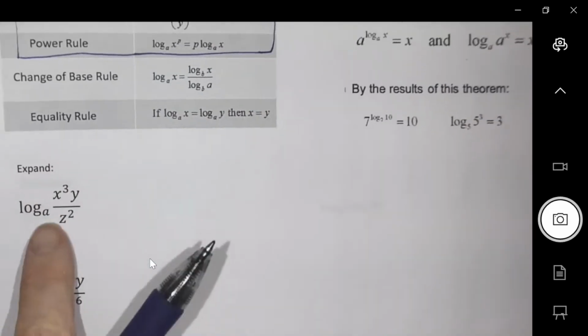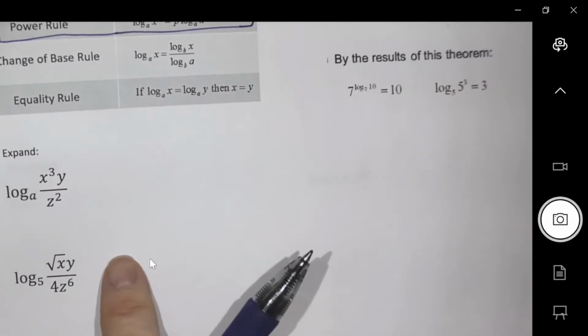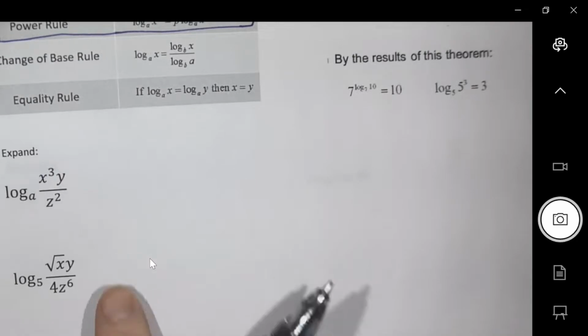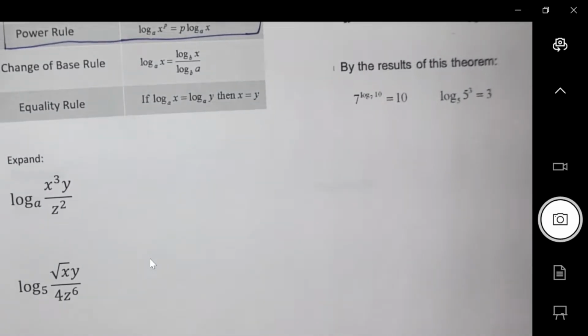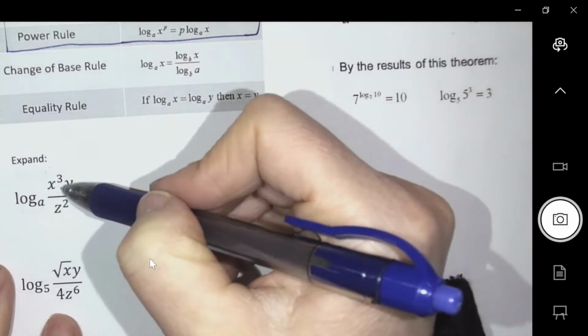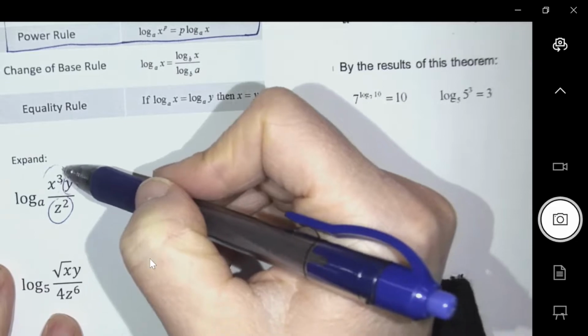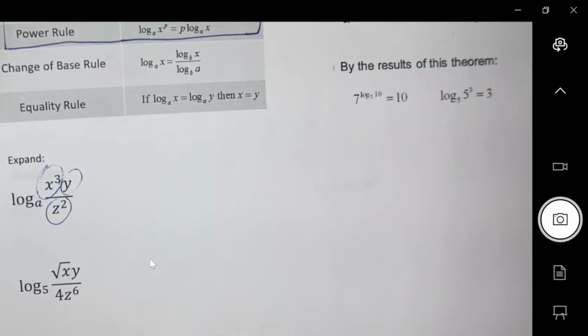Okay, so I'm going to separate this. How many different units do you know are going to come out of this at the end? There will be 3. 1, 2, 3. There's going to be 3 different units.